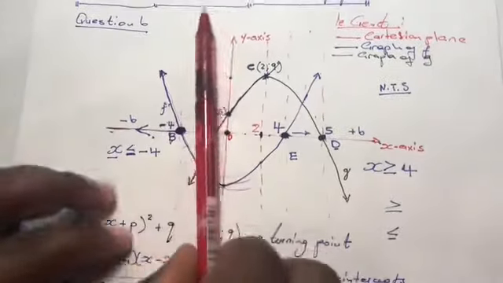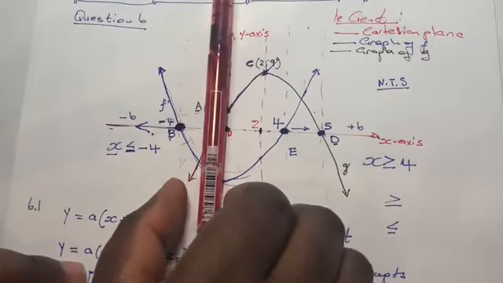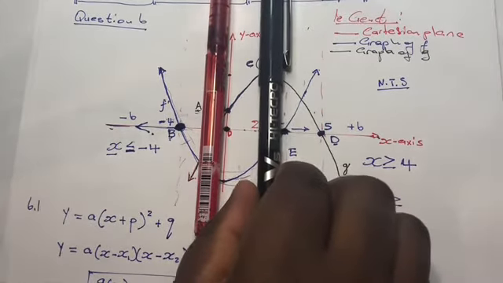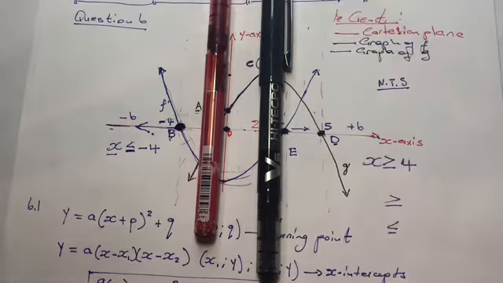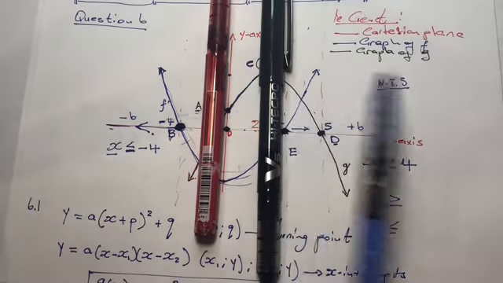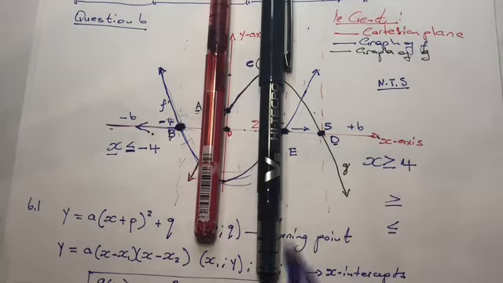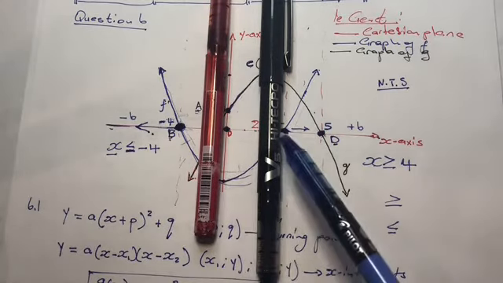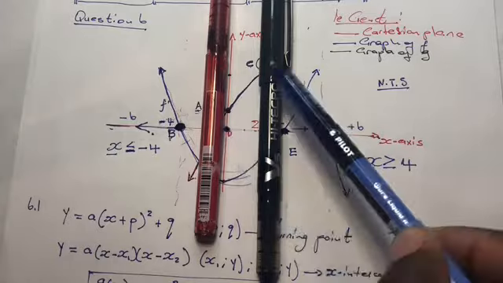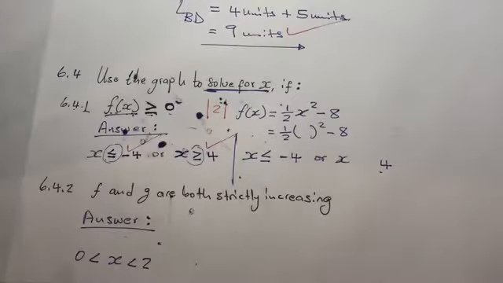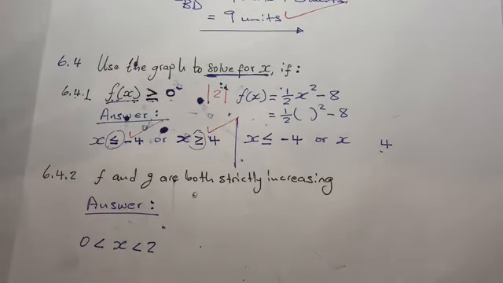If you want to see it nicely, forget about everything outside of these 2 points and only focus in between. Can you see you've got the graph of f going up, and the graph of g also increasing. So these are the 2 points where both of these graphs are strictly increasing.